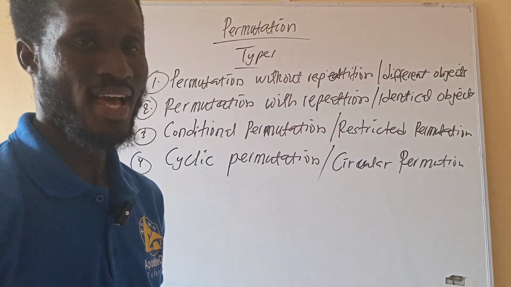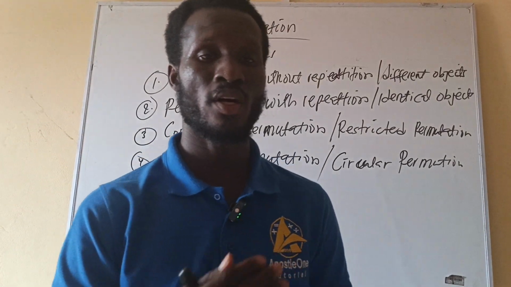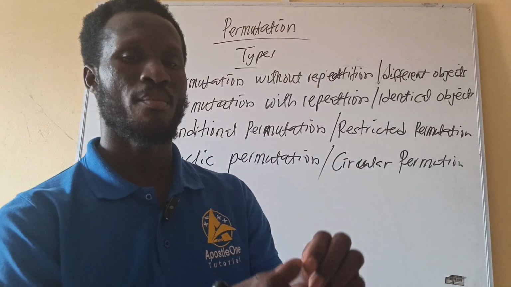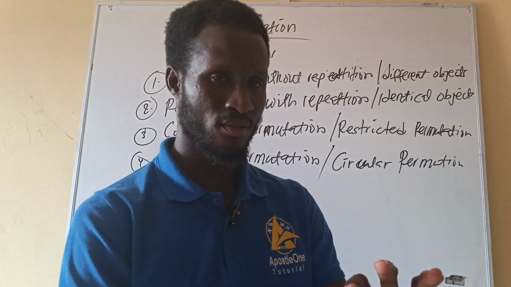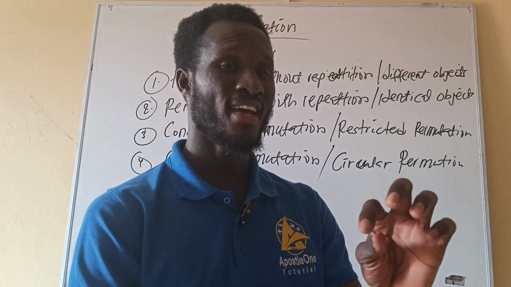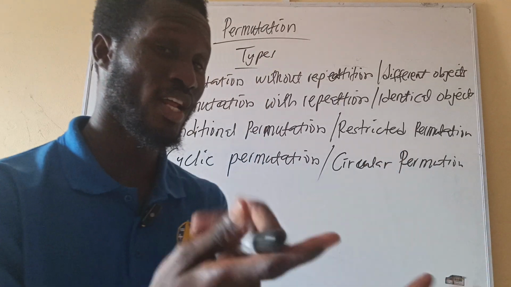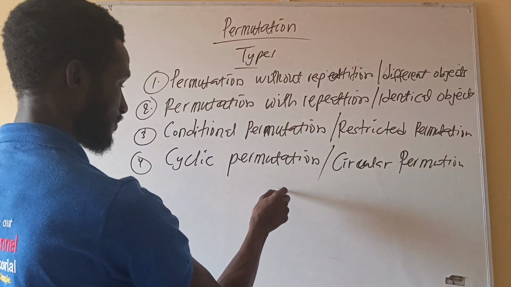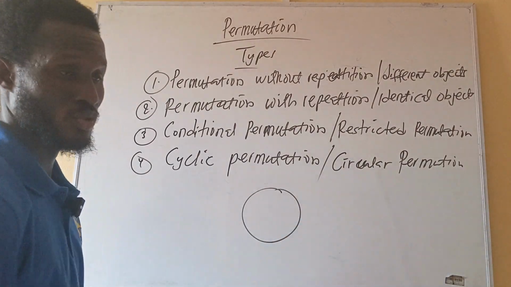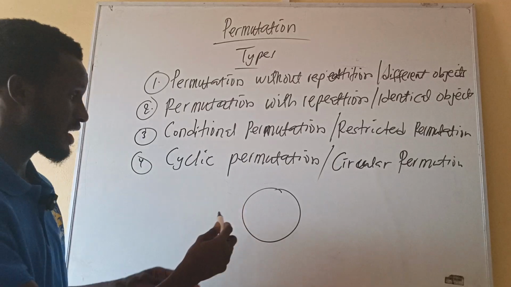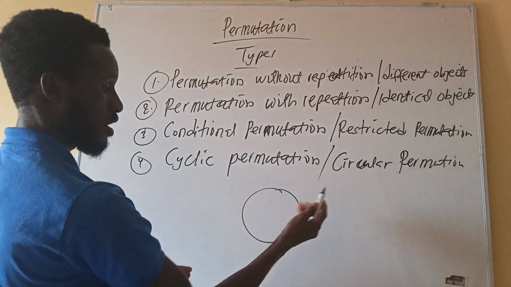Now, when I talk about cyclic or circular permutation, I'm talking about when we are arranging particular items in the form of a circle, where the starting point is not important. You know that if I have a circle like this, and I want to... cyclic means circle or circular.